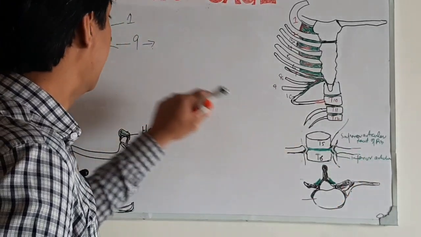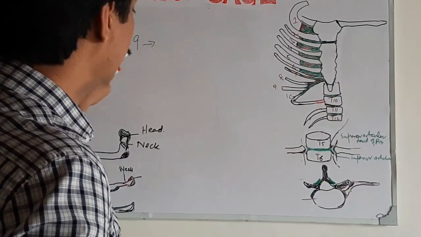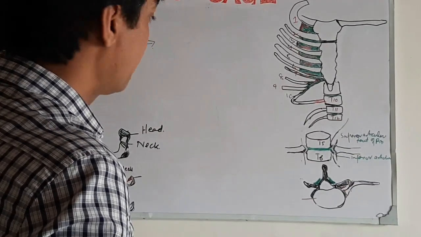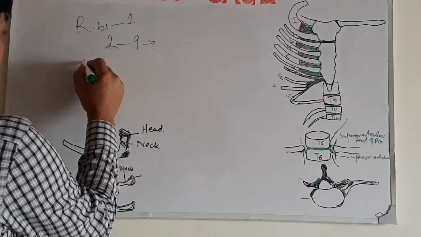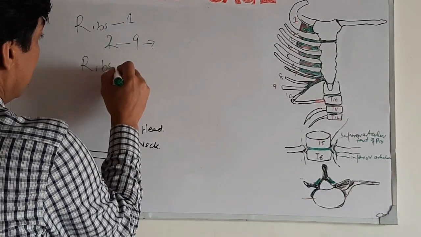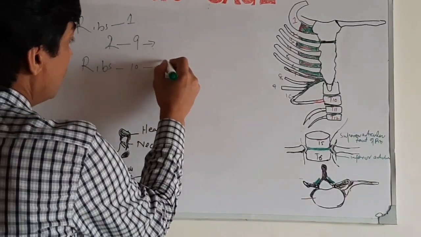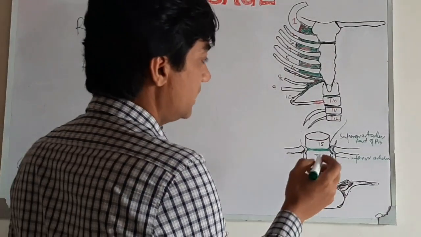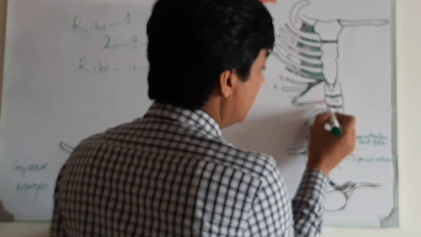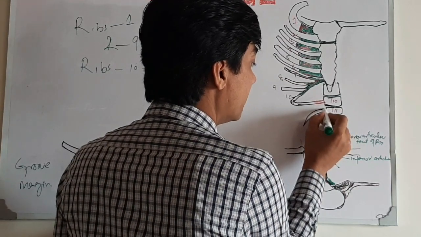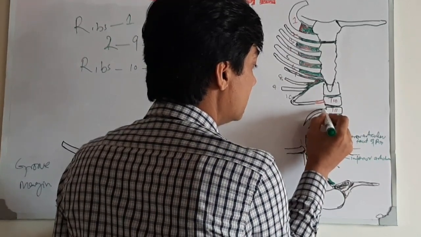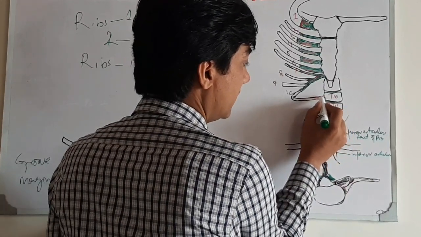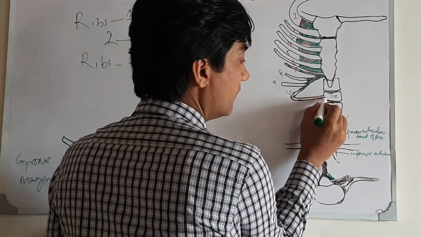This only happens in ribs 2 to 9, where the rib is articulated with two vertebrae, and ribs 10 to 12 have a single attachment. The rib is directly connected with a single vertebra, the body of a single vertebra. Rib 10 is directly attached with just a single vertebra.